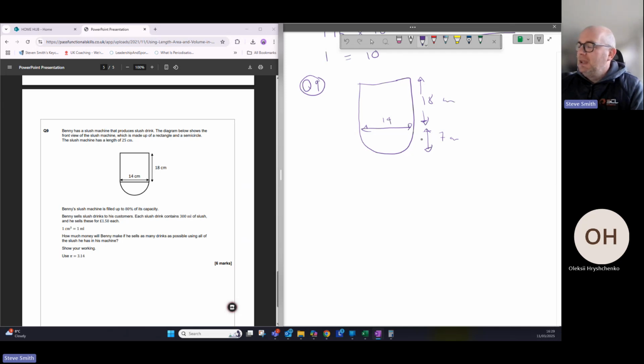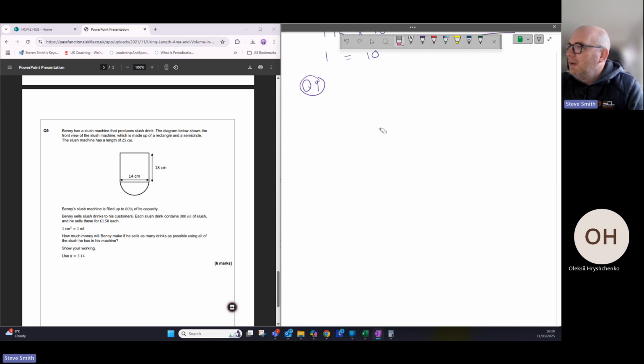Okay, so let me just bring my drawing down a bit, because I've got a feeling it's given us the front view of his slush machine. And again, in an exam, it's not very clear. That's 14.